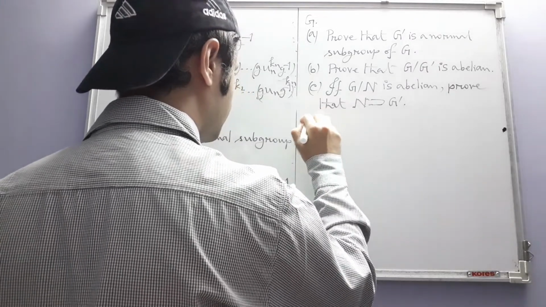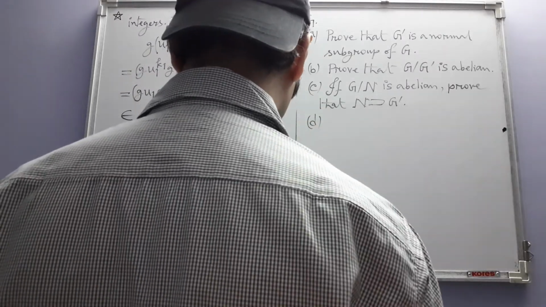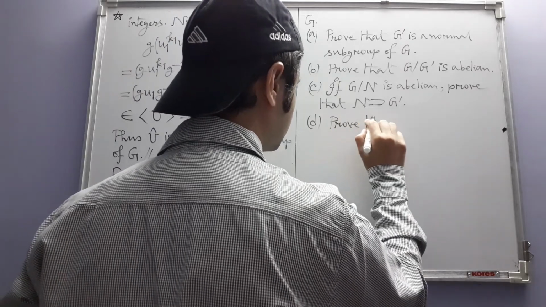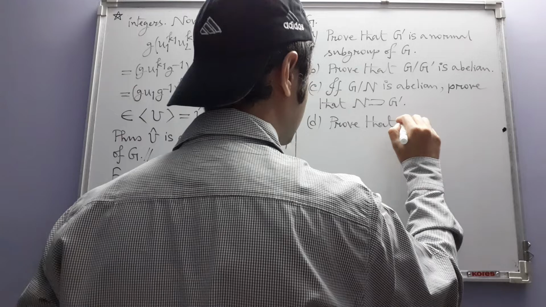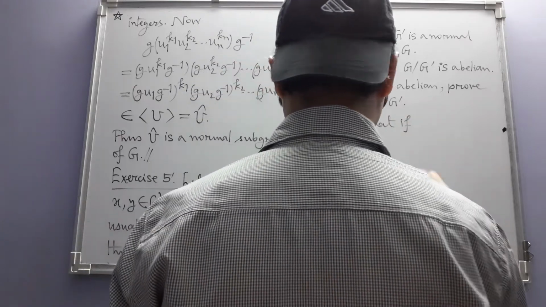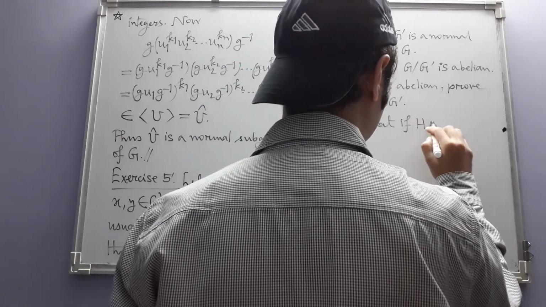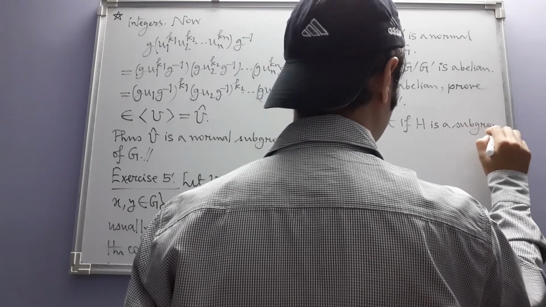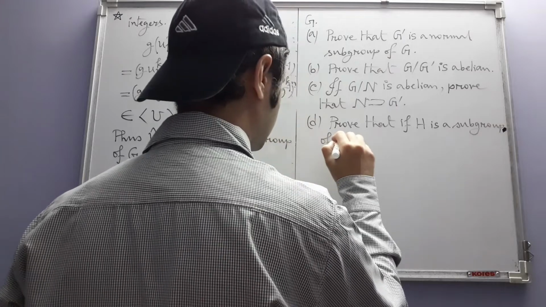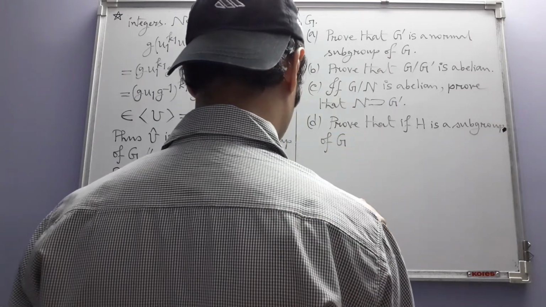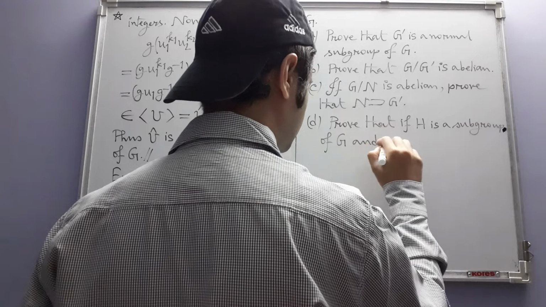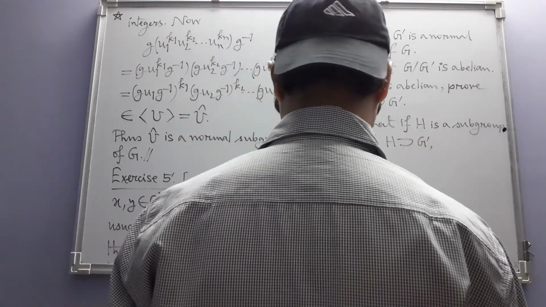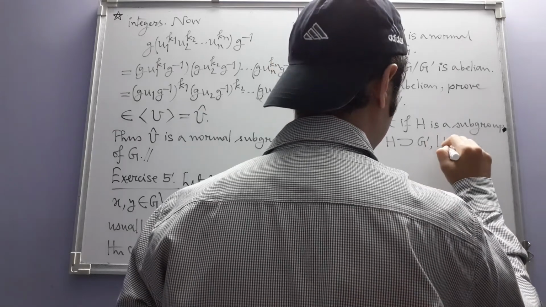And finally, in part D, prove that if H is a subgroup of G, and H contains G prime, then H is normal in G.